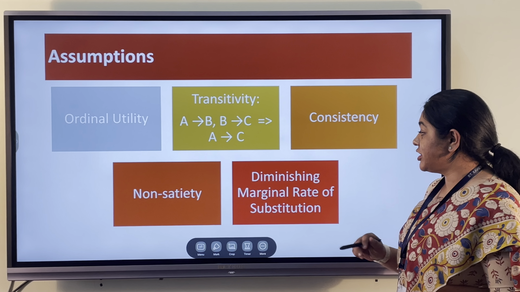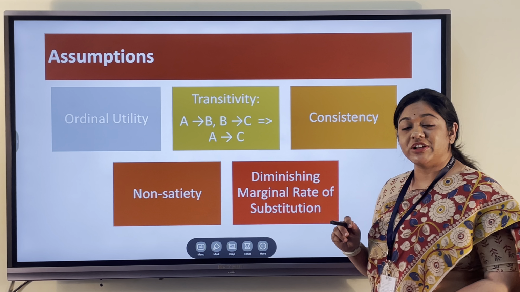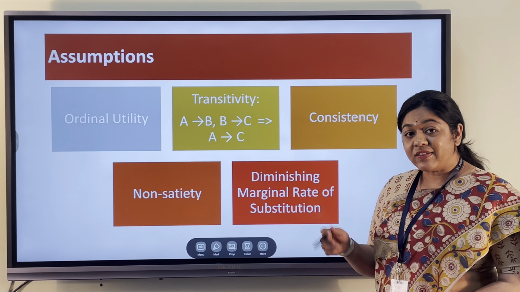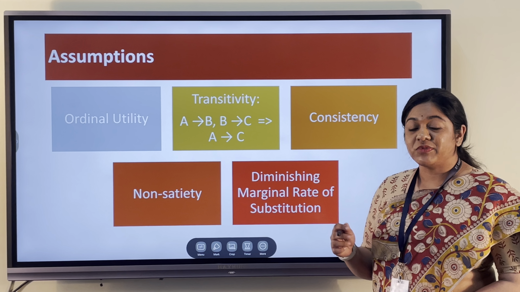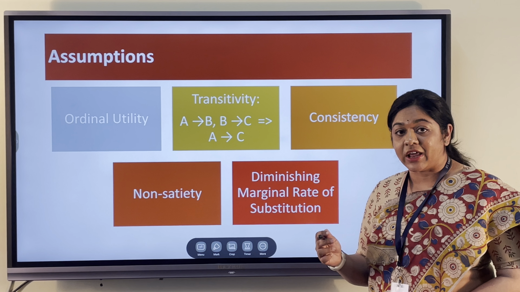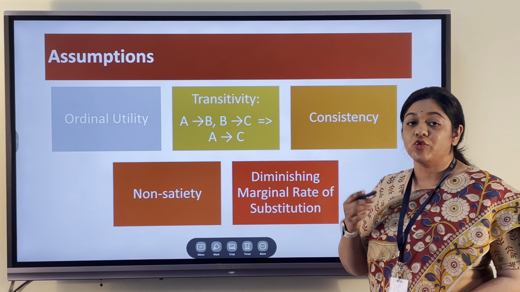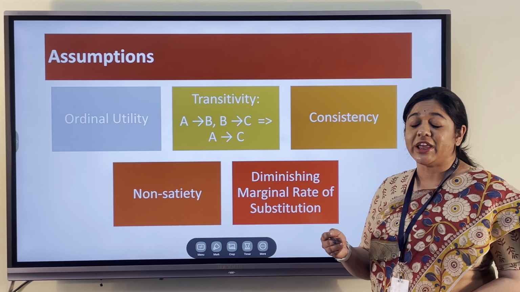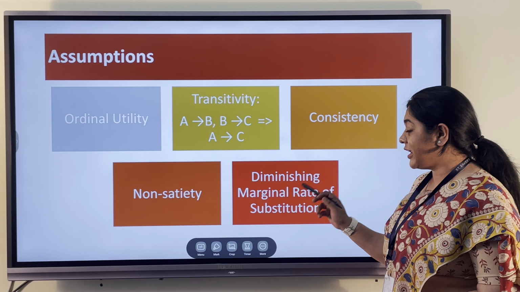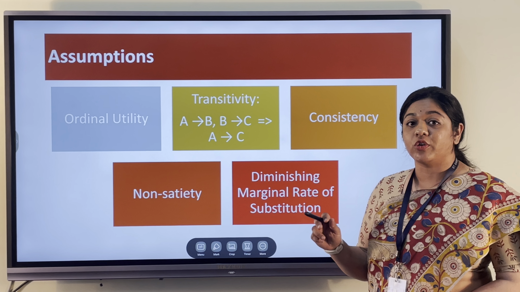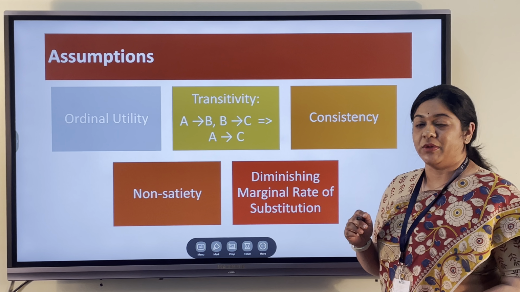The next assumption is the diminishing marginal rate of substitution. As the consumer accumulates more of a good, the rate at which he substitutes one good for the other keeps on diminishing.